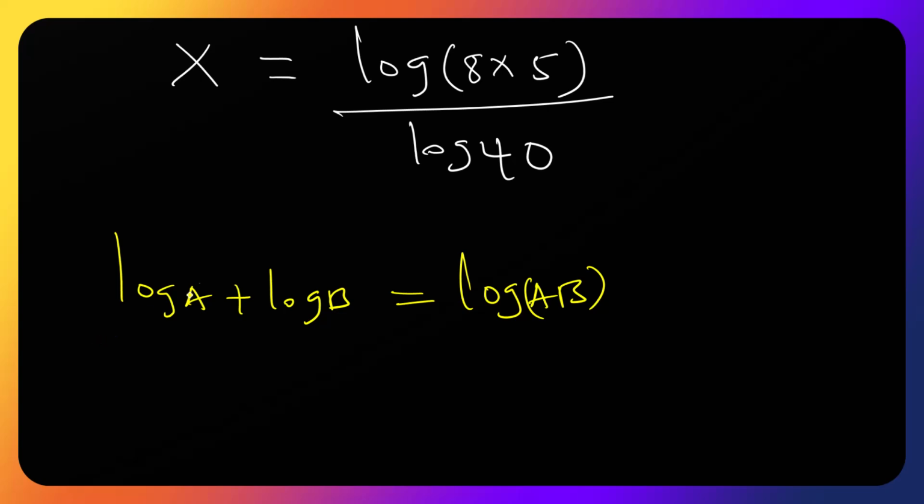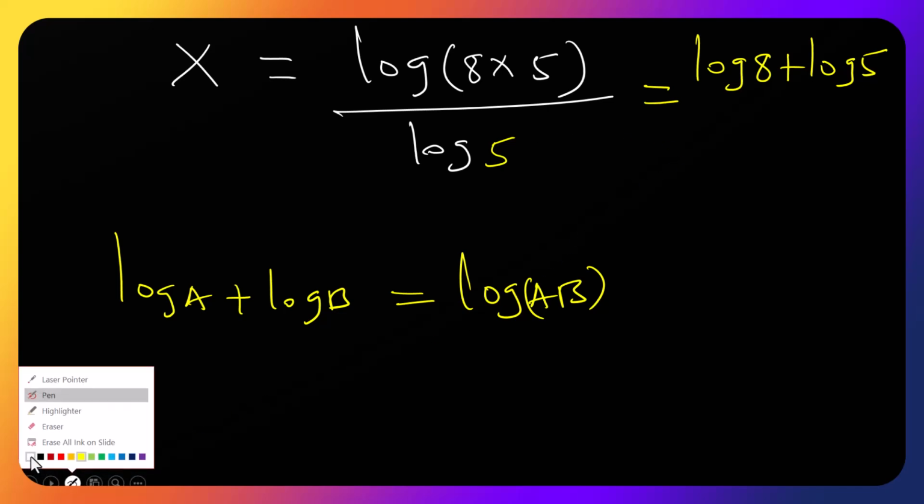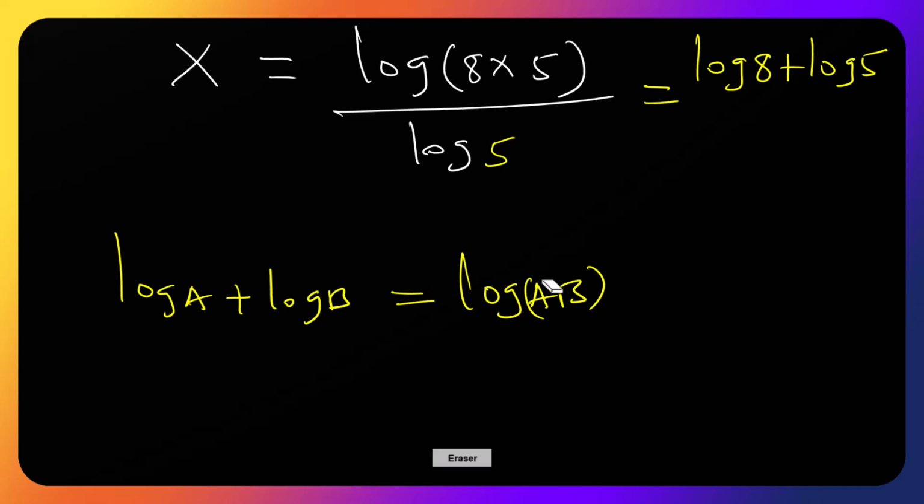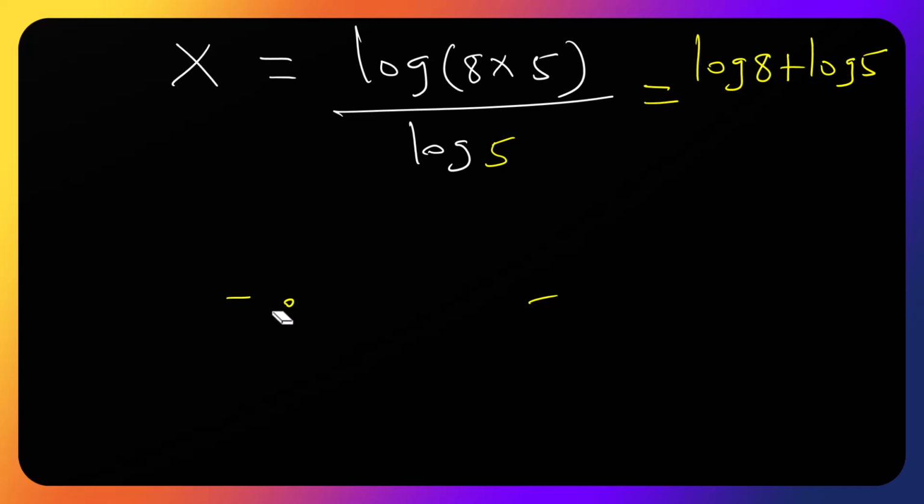So from here, the numerator will be log 8 plus log 5. Okay, while the denominator remains unchanged, this side is still log 5.